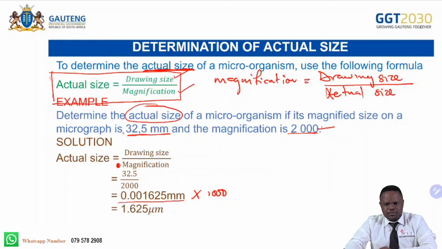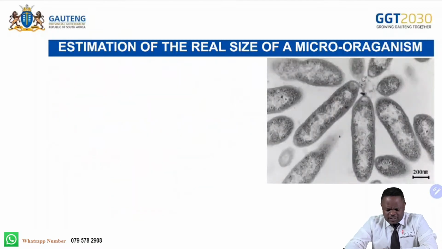Now let us proceed. In determining the actual size of your microorganism, you can also be given your micrograph. You can look at that image there. I hope you can see that image. That is an enlarged or a magnified image of a microorganism, right?